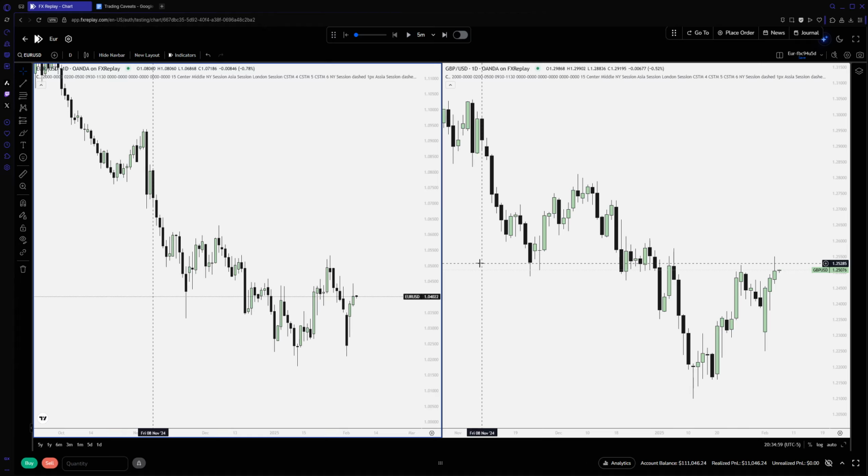Alright, I really don't like the fact that we are really far away from this high here, as you can see. This is kind of a rejection candle. I'm gonna see what the phase of price looks like, because I can't really tell here, right? It looks like we want to continue higher, but I can't really tell. I think we're on a Thursday.